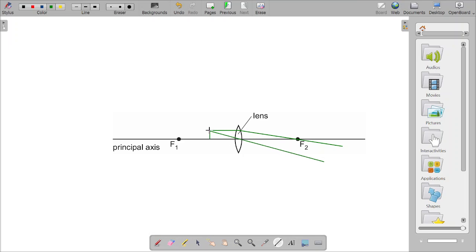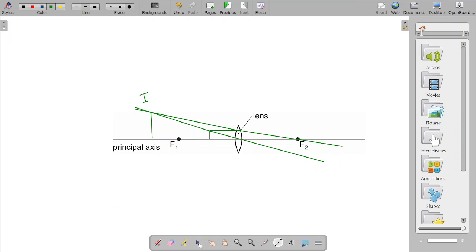If you extend these lines backward, they will meet at a certain position here. So you will get the position of the image just like that. This is your image I, this is your object, and this is the position of your eyesight.